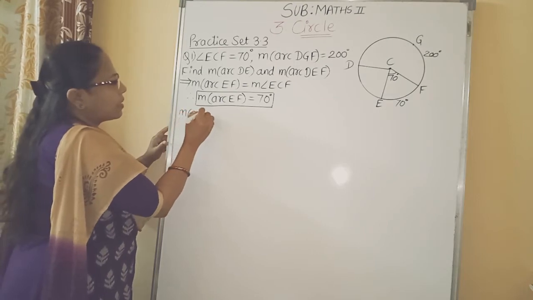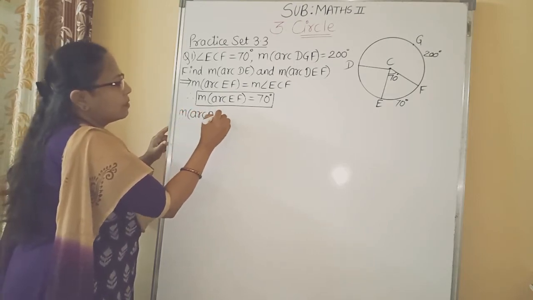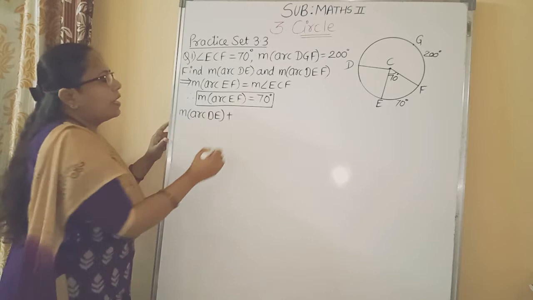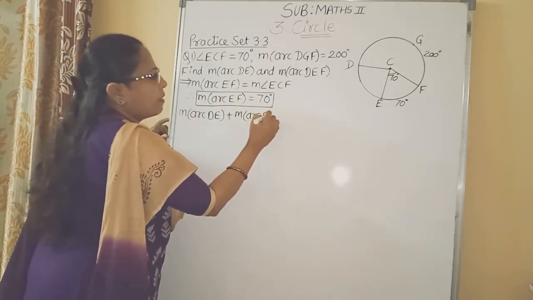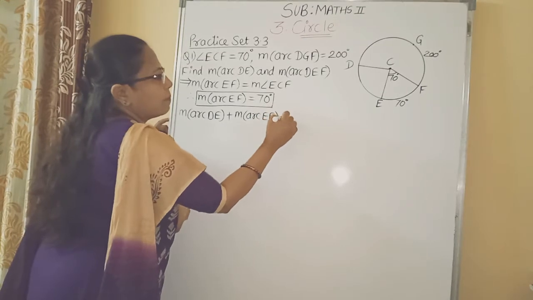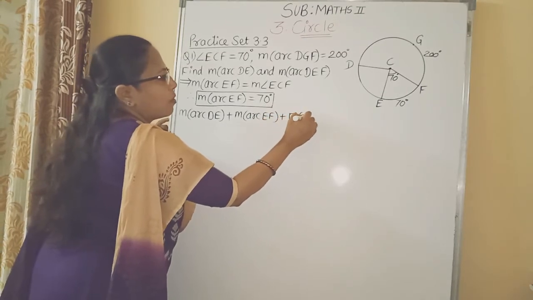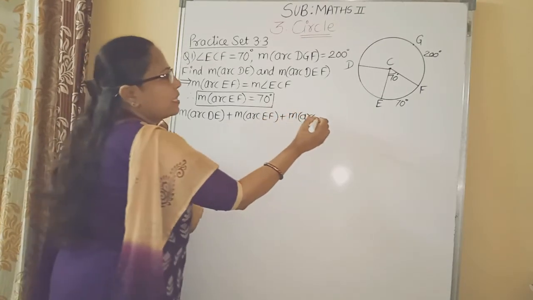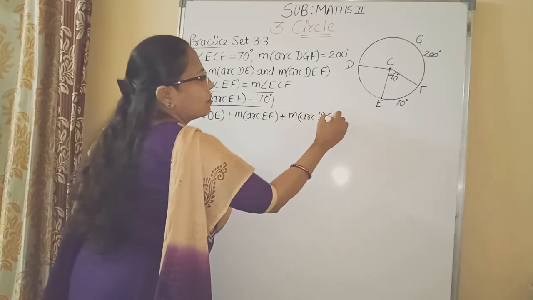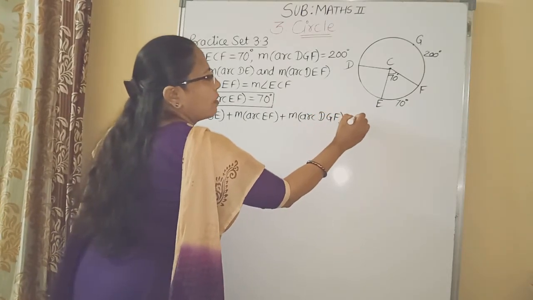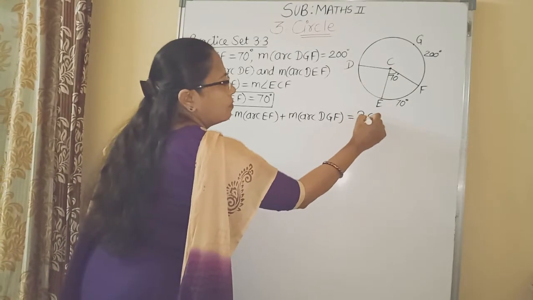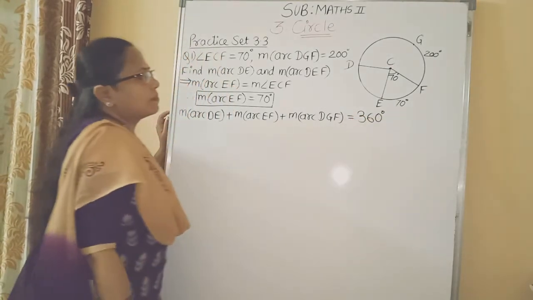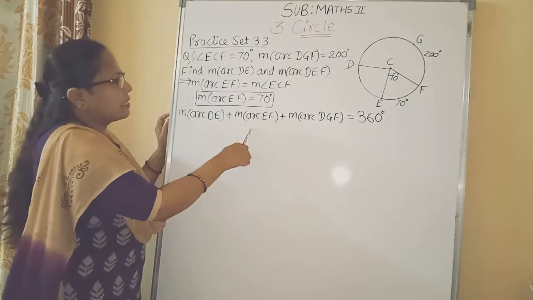Measure of arc DE plus measure of arc EF plus measure of arc DGF is equal to measure of one complete circle, which is equal to 360 degree. Again see this statement.